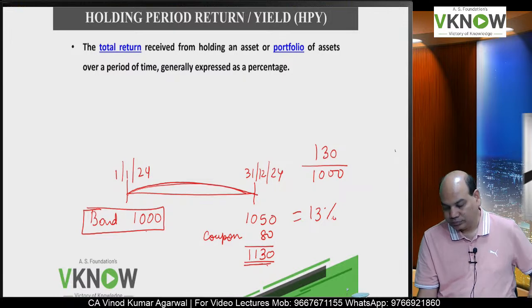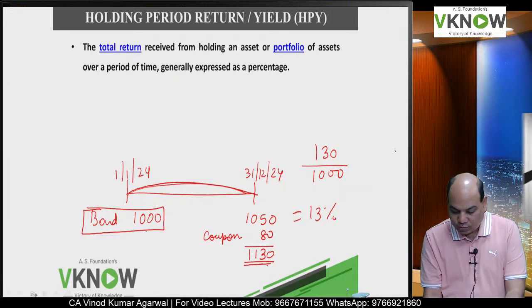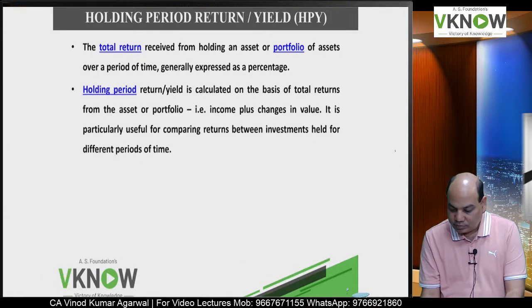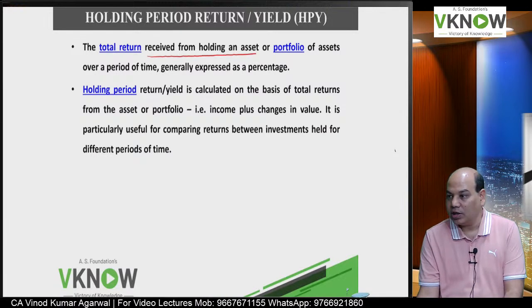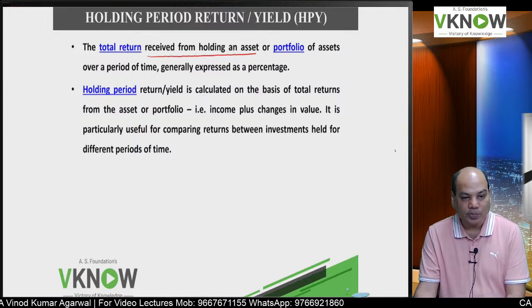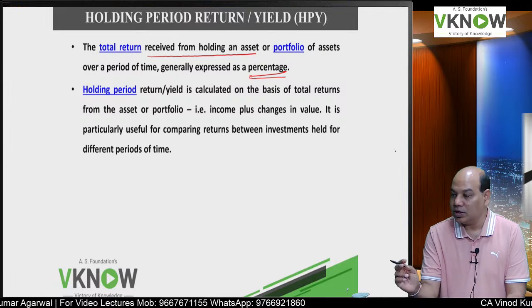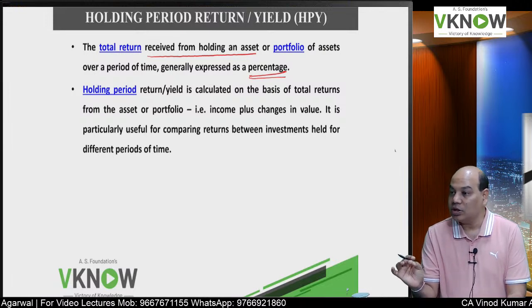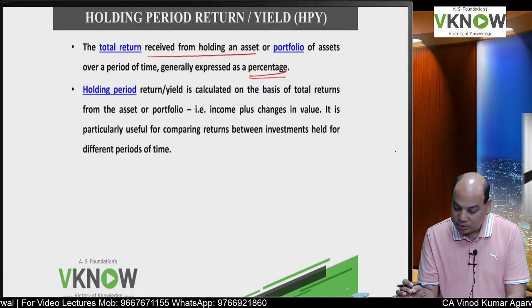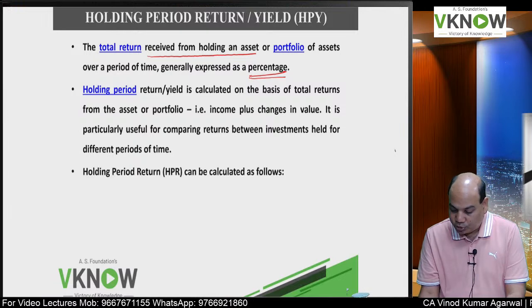Is it right? So that is how we calculate the holding period yield. Holding period yield is the total return received from holding an asset or portfolio of assets over a period of time. And we will answer in percentage. We will not write 130 rupees. We will write 13%.